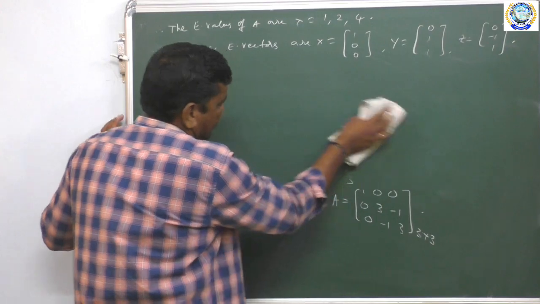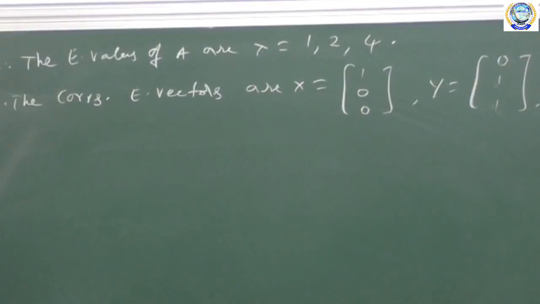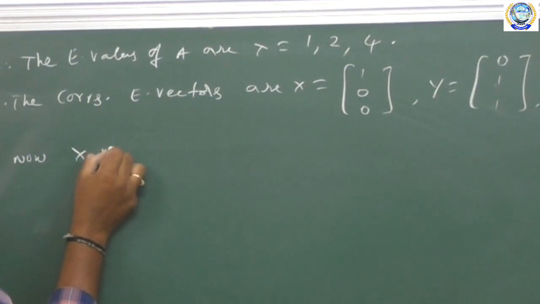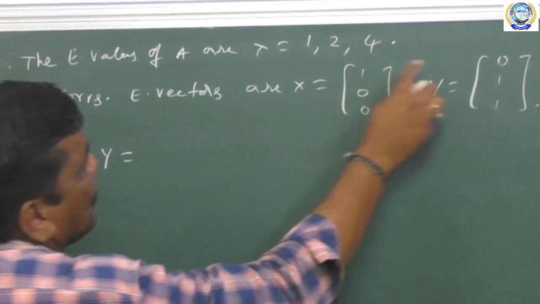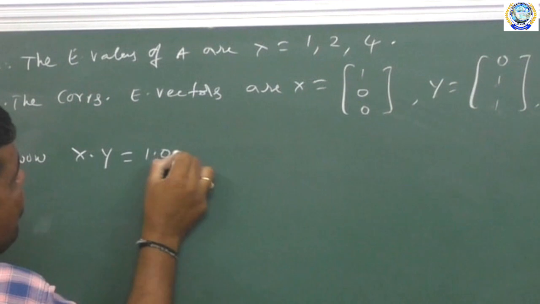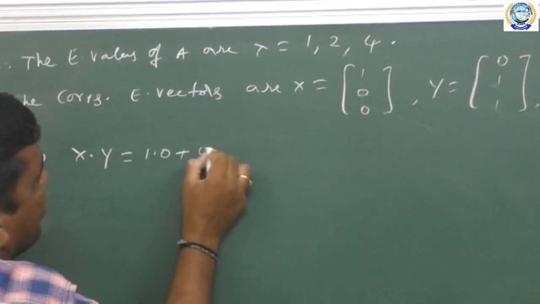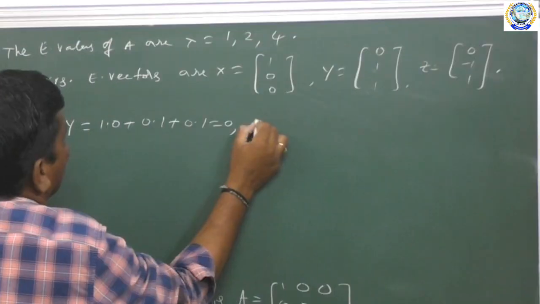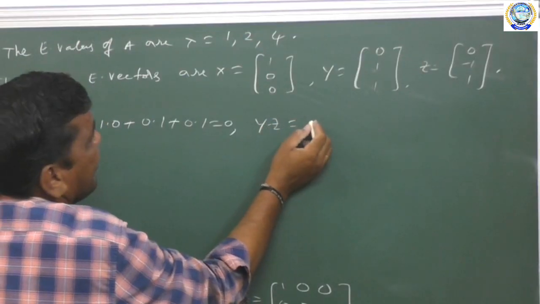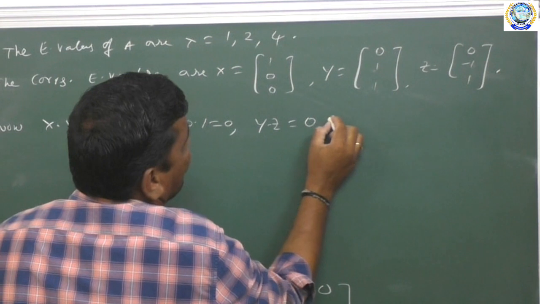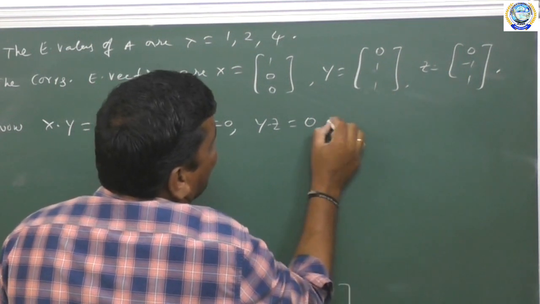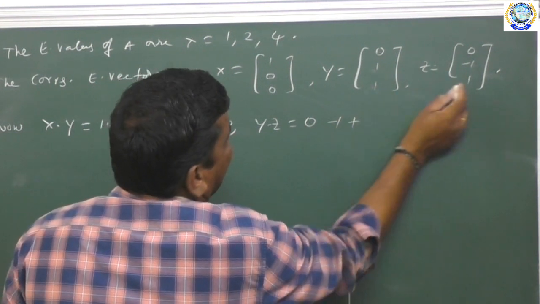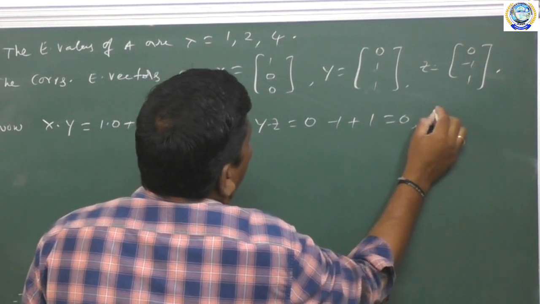Next, to verify that these eigenvectors are mutually orthogonal. Now, x into y is equal to 1 into 0 plus 0 into 1 plus 0 into 1, that is 0. Similarly, y into z equal to 0 into 0 plus 1 into minus 1 plus 1 into 1, this is equal to 0.